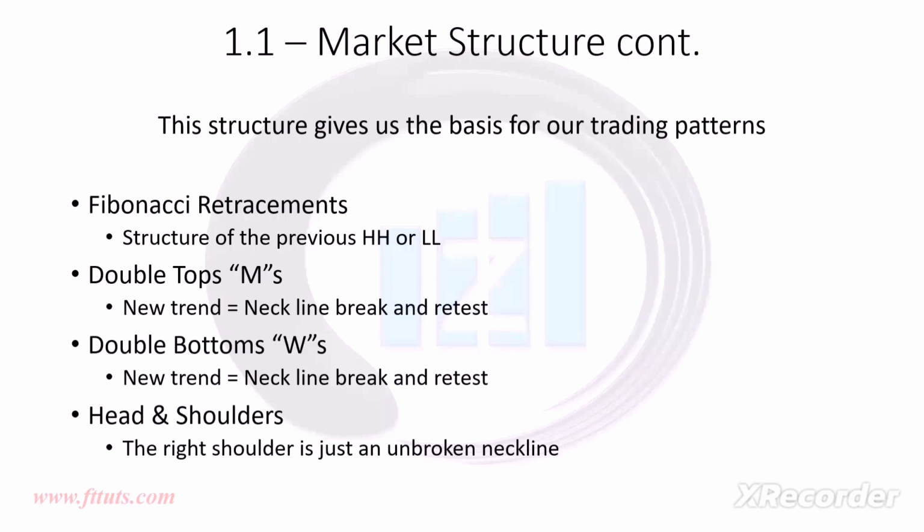And then we see a small pullback, which we can measure with our Fibonacci. And then once it finally drops down and breaks that neckline, then we can enter into a trade. And then almost all of our other chart patterns are made off of this very simple market structure.